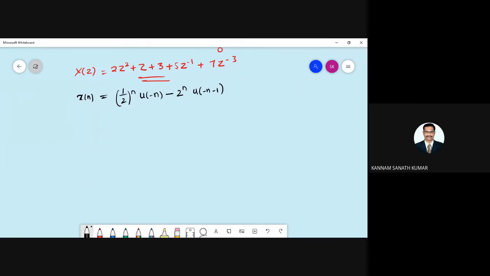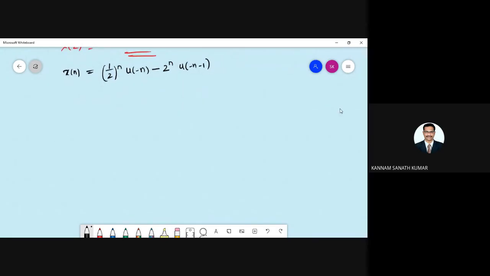You have to determine the z transform of the given signal, and the ROC, and also indicate the pole zero location. For this pole zero location, you have to find the ROC. So this is the given function.